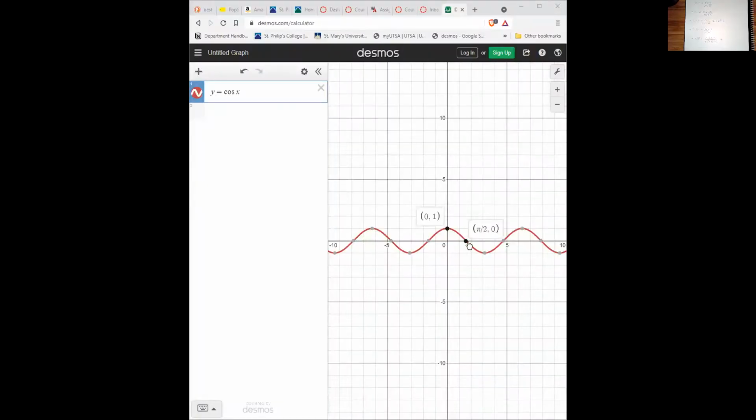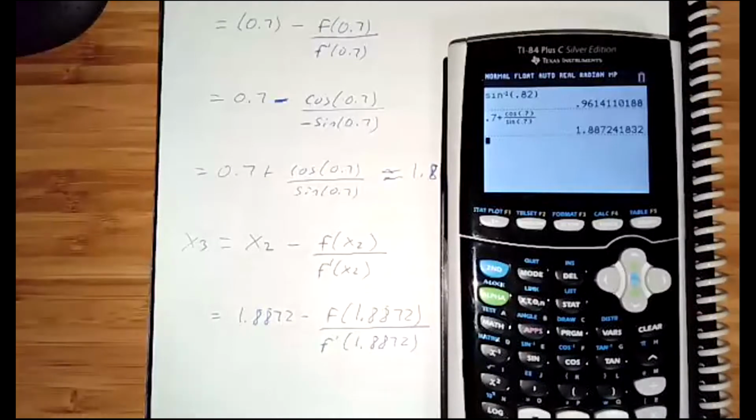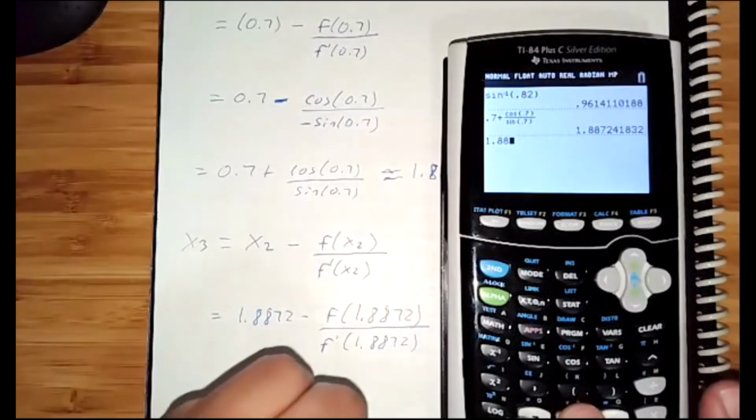So we can kind of already see where the zero is, right? That's going to be pi over 2. So we're getting closer and closer to this number. Right now we're at 1.88. So if we do it again, we might get closer to this. Just for fun, let's go ahead and do it. 1.8872.